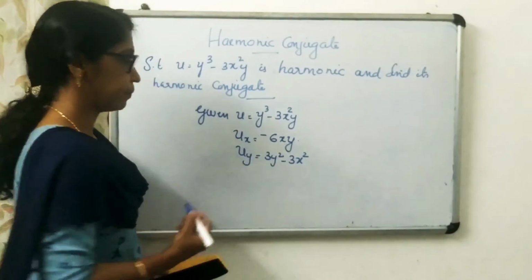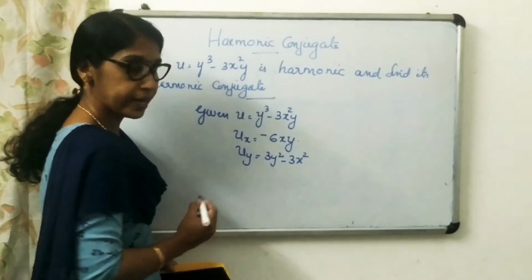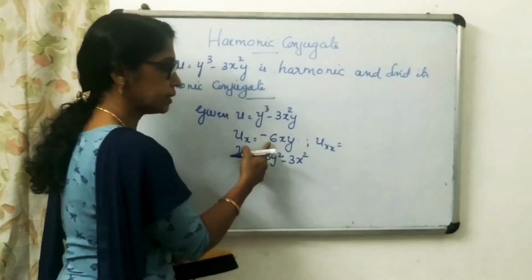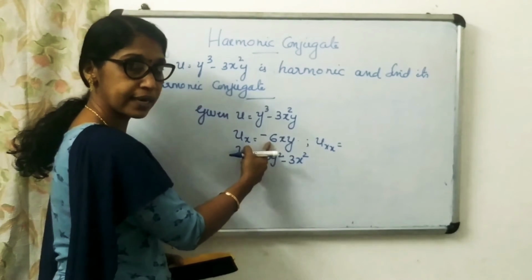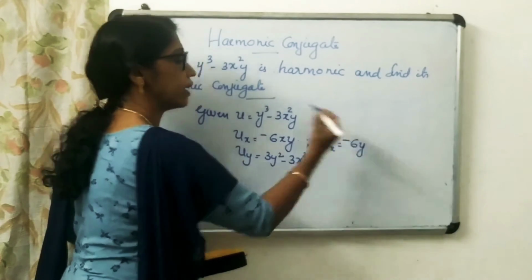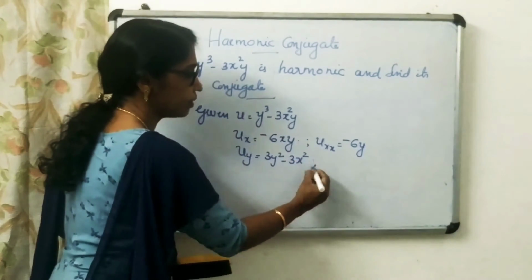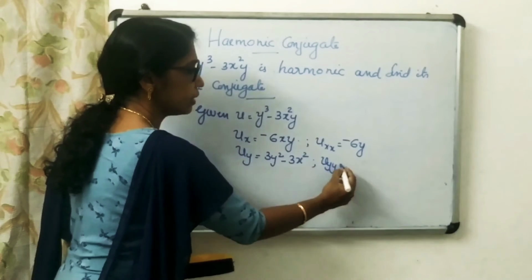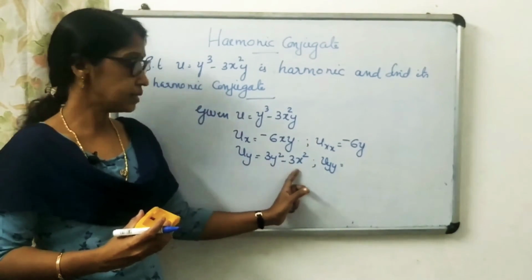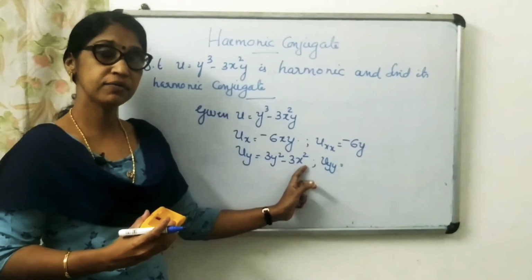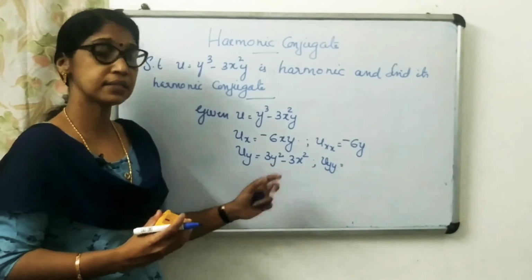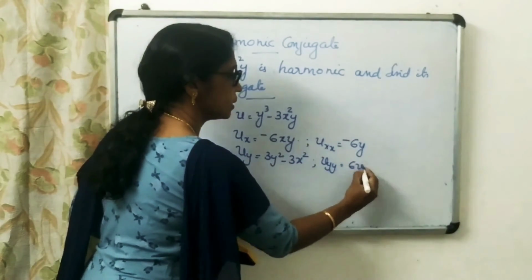Now uxx is again the derivative with respect to x, that is -6y. What is uyy? uyy is 6y, since the first term has no y and its derivative is 0, and the derivative of y^3 gives 6y.